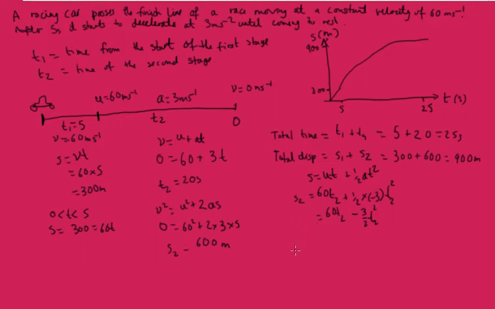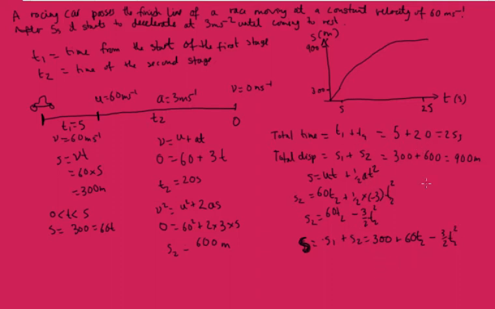And for S1, for the beginning piece of the motion, we'd have 300 for the total distance here. So this is for the displacement for the whole thing. We can take S1 plus S2, which we've just worked out, so S equals 300 plus 60 T2 minus 3 over 2 T2 squared.